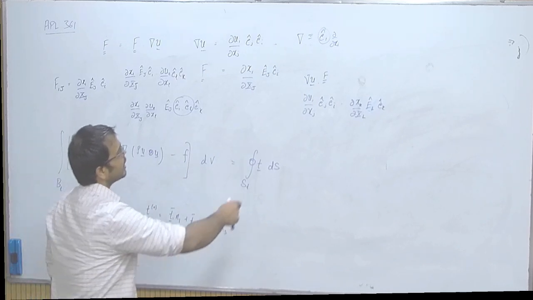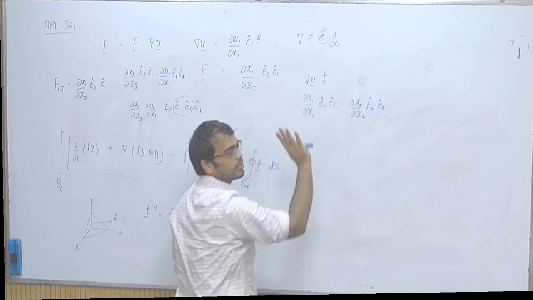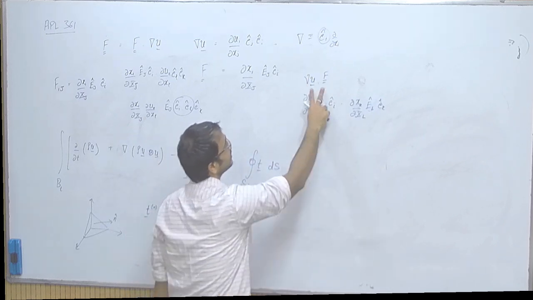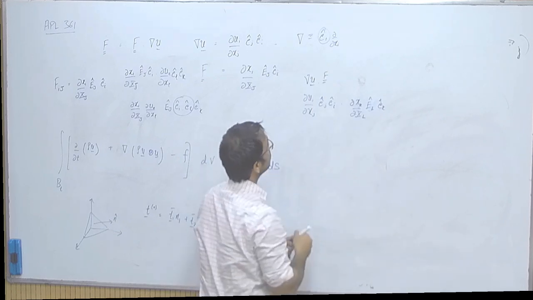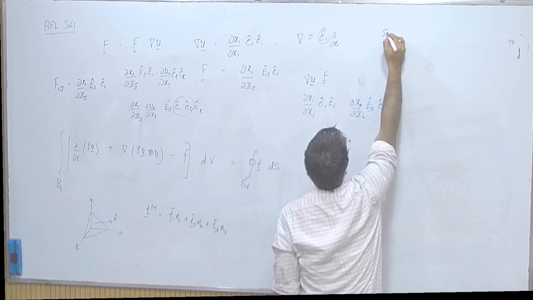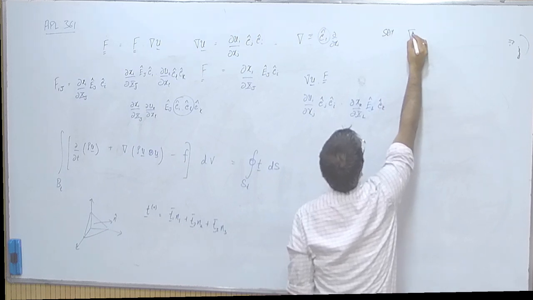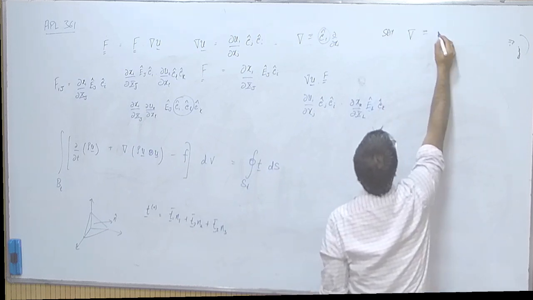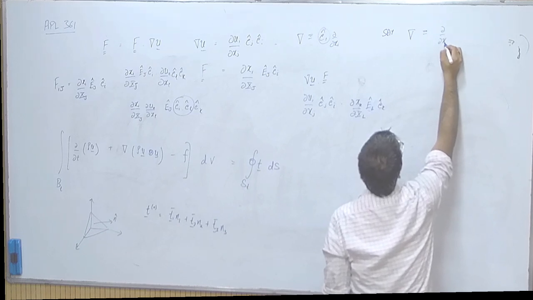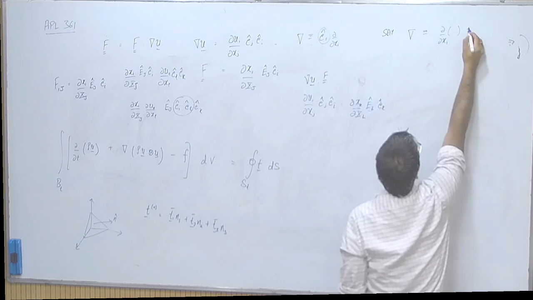What I had written earlier was inconsistent with this definition. What I had written earlier was consistent with the definition that, let us say, grad is defined as del by del xi of whatever vector times E hat i.